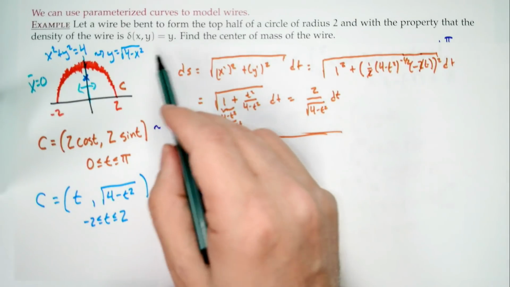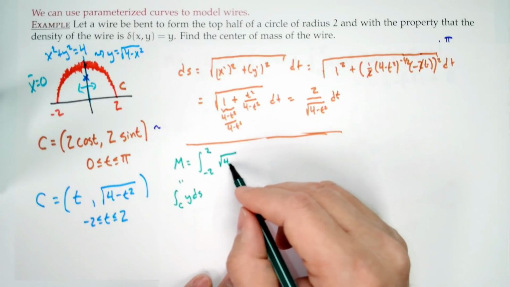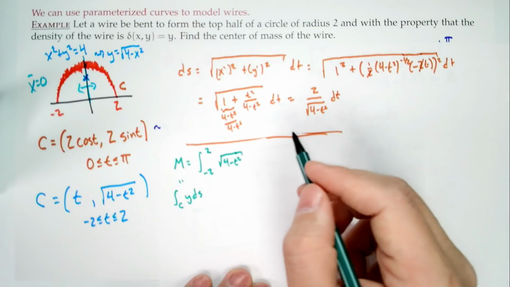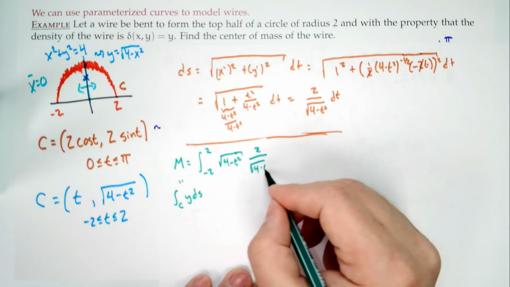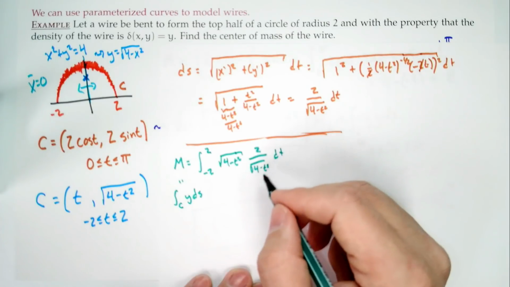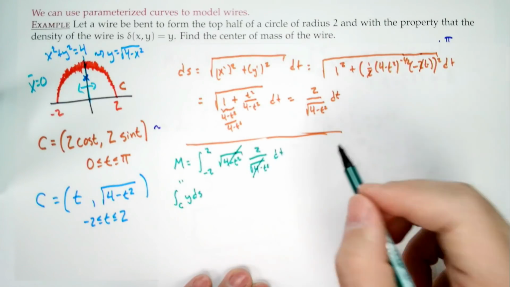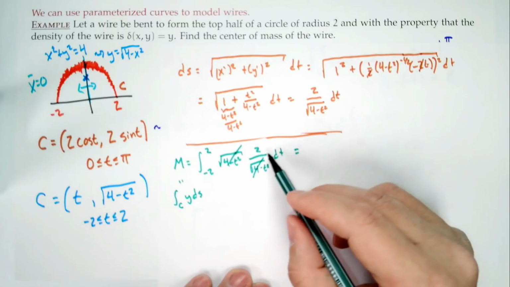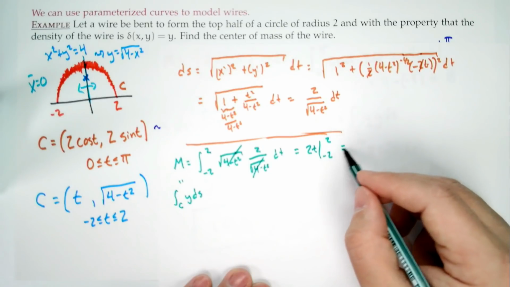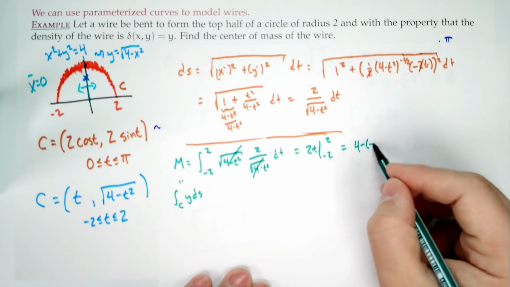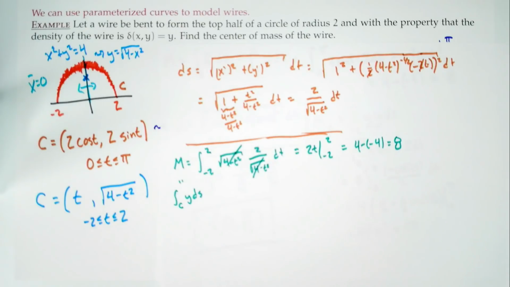Our density is y, which becomes square root 4 minus t squared times ds, which is 2 over square root 4 minus t squared dt. Now you might notice something nice. The square roots cancel. So this becomes 2t, evaluated from -2 to +2, which is 4, subtract -4, or 8. All right, well, that wasn't so bad.